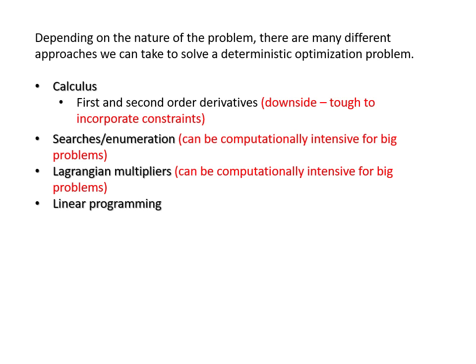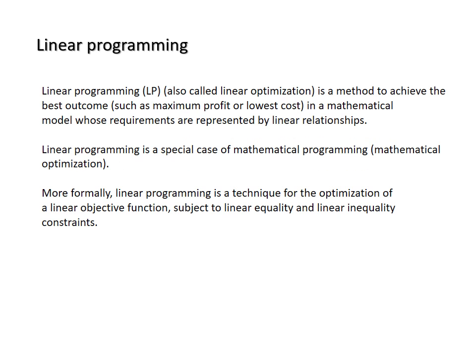And so we want to look at one more option for solving deterministic optimization, and that is linear programming. Linear programming is a way to find the optimal solution of a problem, whether it's a maximization or minimization problem, using mathematical programming or mathematical optimization.